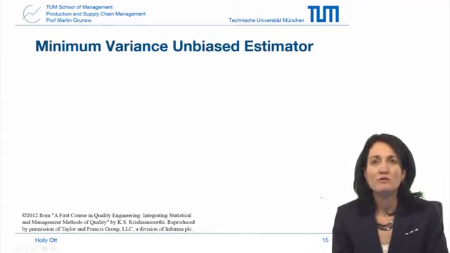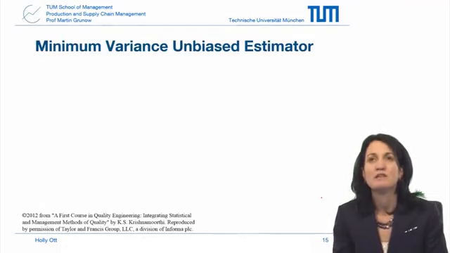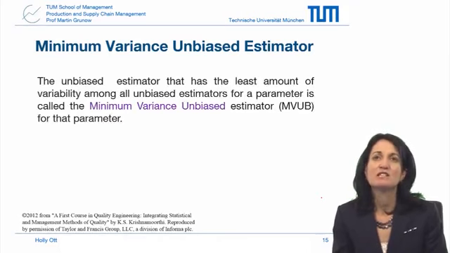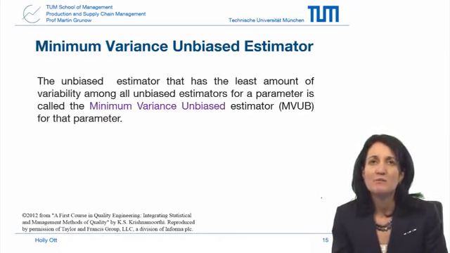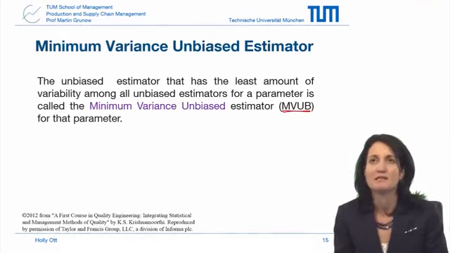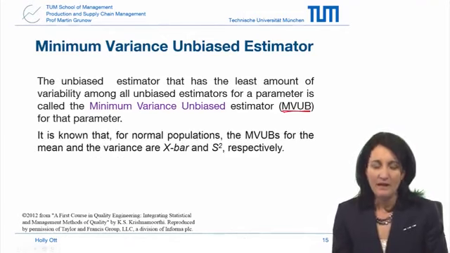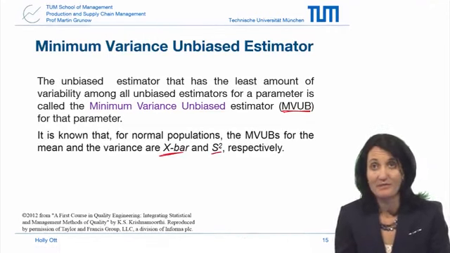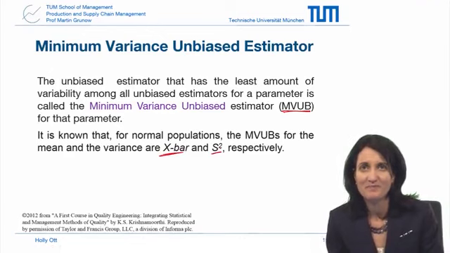Now, if several unbiased estimators are among the candidates, so we just saw x bar and median, then the one with the least amount of variability is our preferred candidate. And such an estimator is called the minimum variance unbiased estimator, or MVUE. And for normal populations, the MVUEs for the mean and variance are x bar and s squared, as we've been talking about all along.